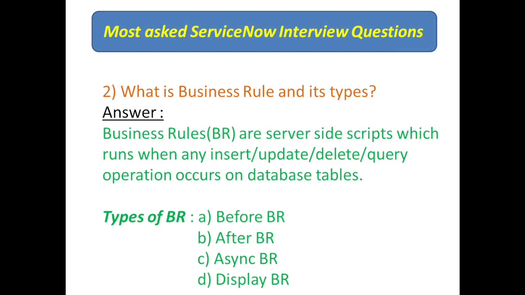The types of business rules are before business rule, after business rule, async business rule, and display business rule. When you are explaining this, the better way is to tell that there are four types, before, after, async, display, which run on insert, update, delete, and query operations. We have to include this.